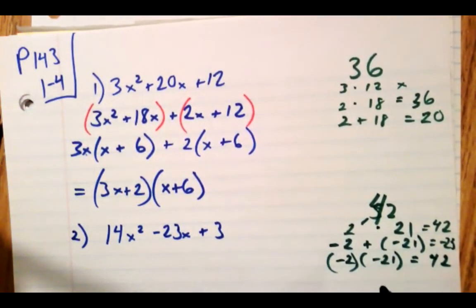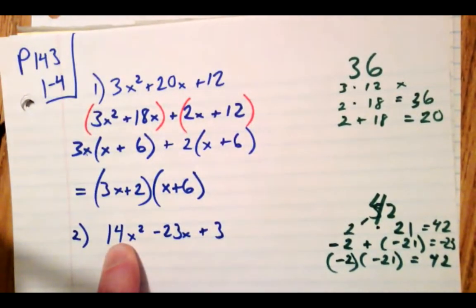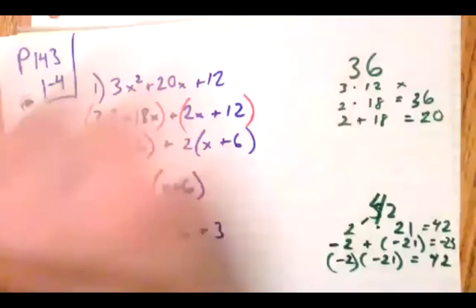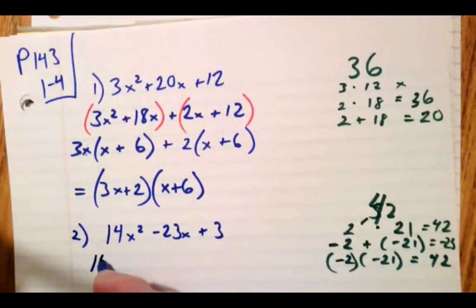Okay. Negative 2 and negative 21. Those are our numbers. Now remember, we have to order them. The 21 and the 2, which will they go with? Well, the 21 will go with 3 because 3 goes into both. 2 will go to the 14 because 2 goes into both. So we rewrite 14x squared, 2 and 21.